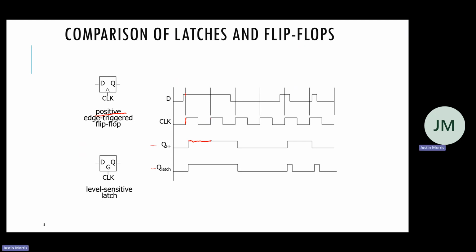And then I reevaluate. This is the next positive edge. D is still 1. So again, for one full clock cycle, we have Q as 1. Then next positive edge, D is 0. So we change Q to be 0 for, again, a full clock cycle. And at the next positive edge, it was 0 again.